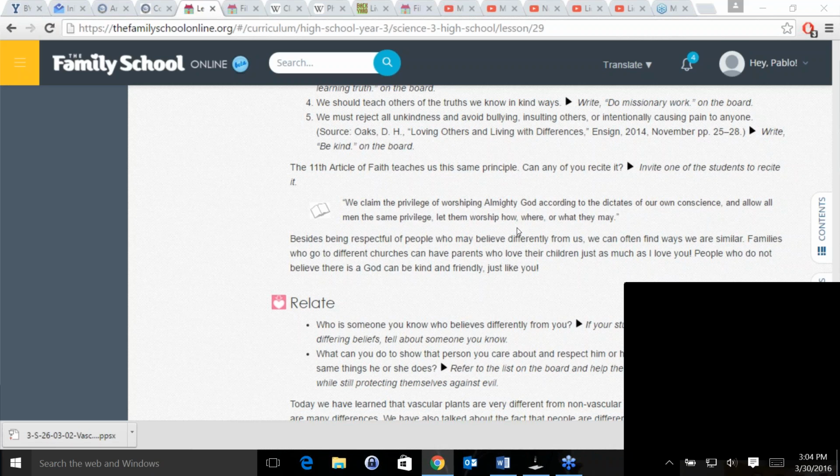Let them worship how, where, or what they may. And this part of allowing others to worship however they want is a no kidding thing. We are not just trying to be friendly. We need to really be very respectful and sincere in letting people worship however they want.